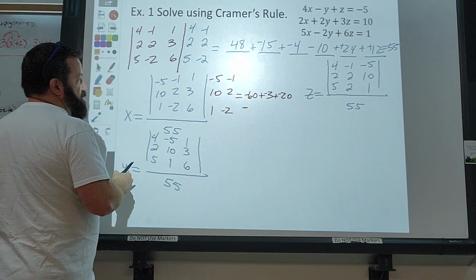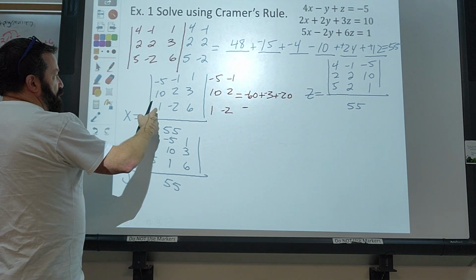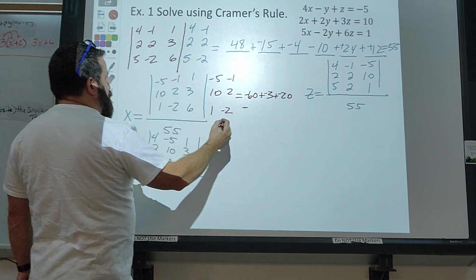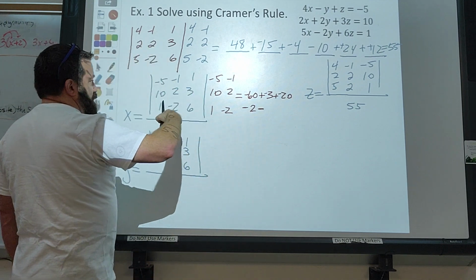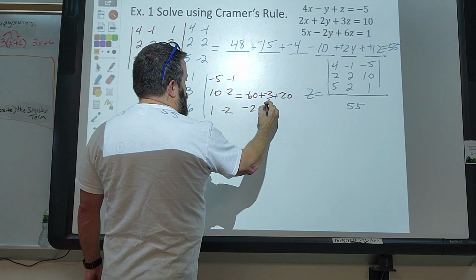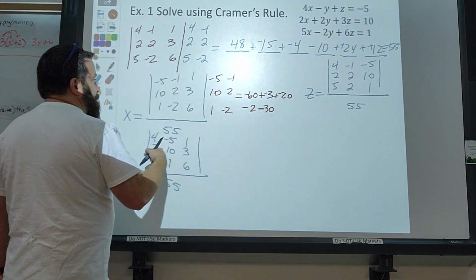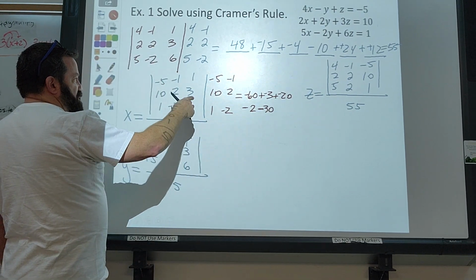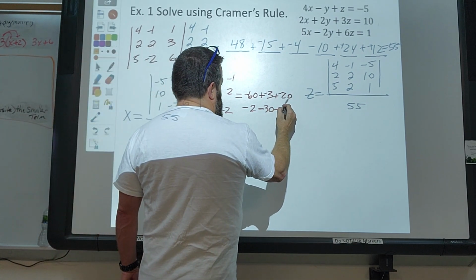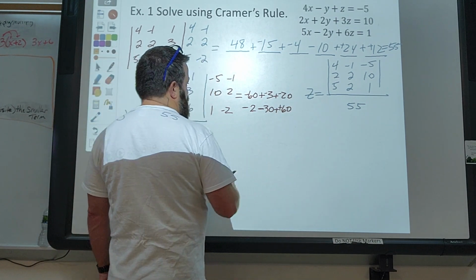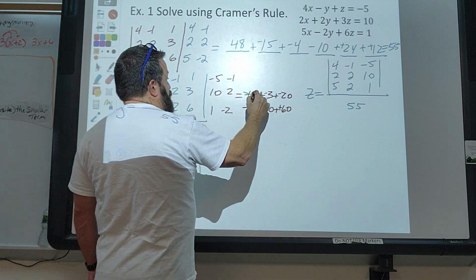I'm going to do my minuses, put those below because I'm running out of room here. 1 times 2 times 2 would be 2 minus, and then I get 30. And then 6 times 10 times negative 1 would be minus a negative 60, so that's going to be plus 60. So I can see from here, these are canceling.